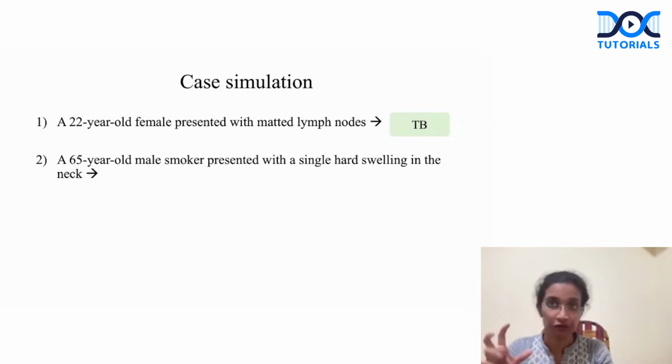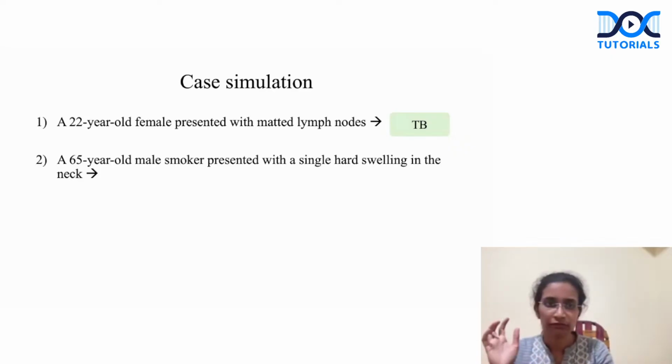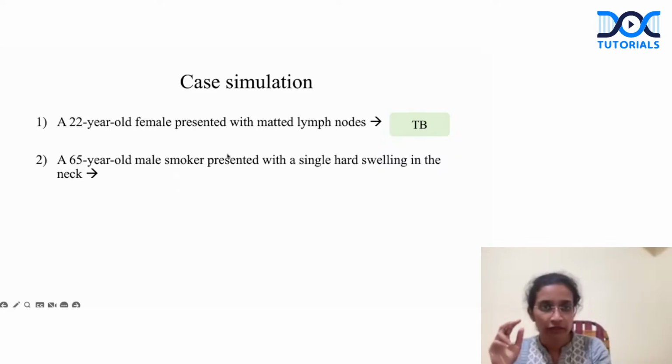Now coming to the next case simulation. A 65-year-old. So your thought process should start once you ask the age itself. 65, old enough to think of cancer, malignancy. And I also added another risk factor here: smoker, presented with a single hard swelling. See how many clues are present in one single line.